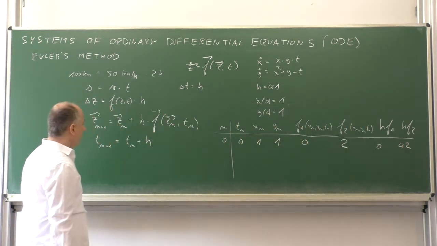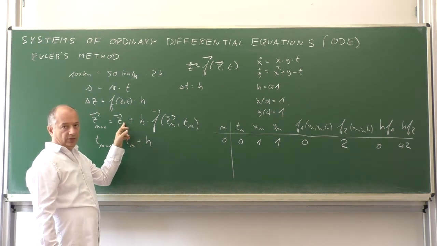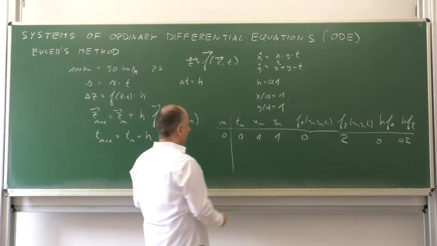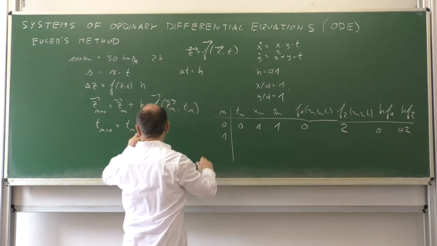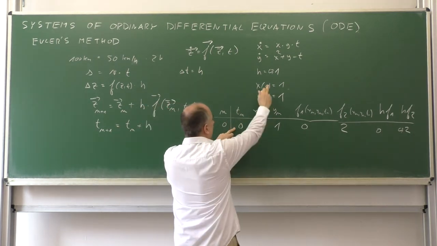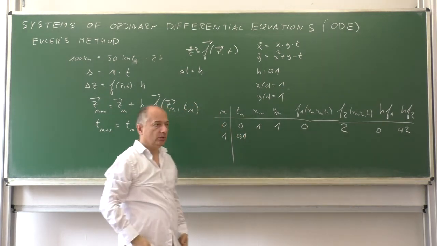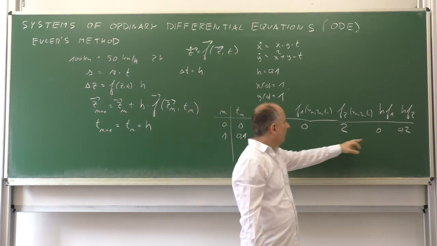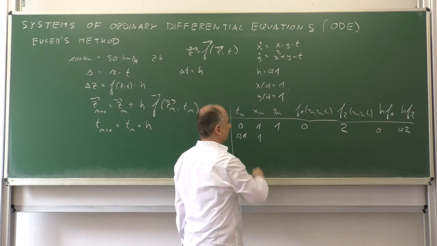And now we add these changes to the previous values to get the new updated values. So for the next index, the new time will be the old time 0 plus the step size. 0 plus 0.1 is 0.1. And we increment x by this value, which is 0, so 1 remains 1.